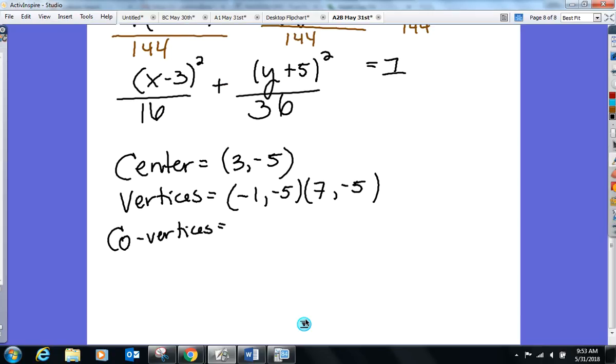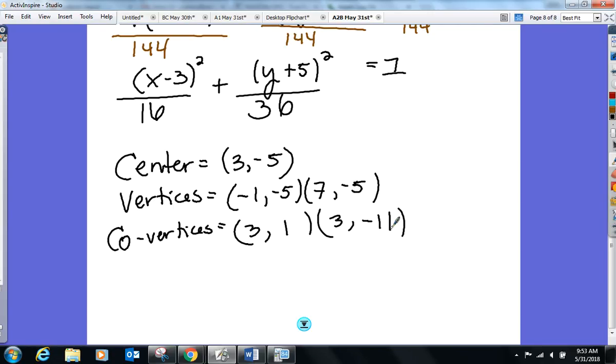How many up and down from the center am I going to go? 6. Up 6, down 6 from 3, negative 5. Up 6, what do you end up? 3, 1. And down 6, 3, negative 11.